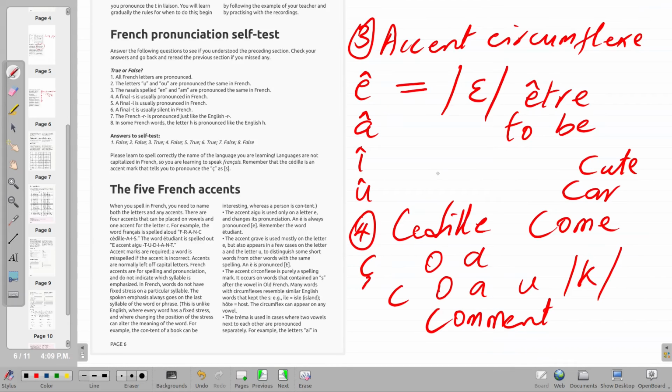But there are certain words that take a C in front of an A or O but use the soft C, which is S. What I mean by soft C is, let's clean up a little bit.